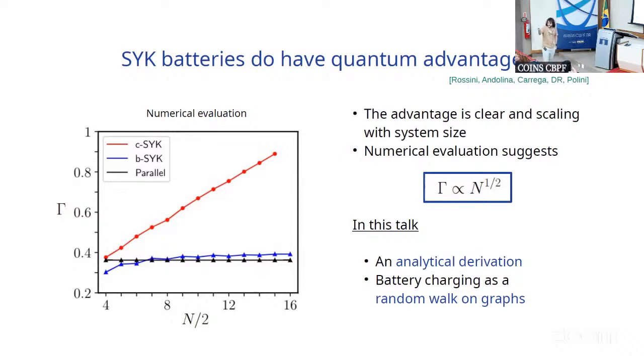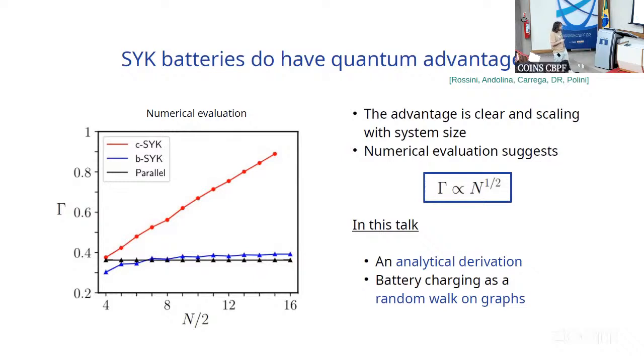So if the referee is here, listen. Today we will provide an analytical derivation and something that I like. We will see that the battery charging can be thought as a random walk process on a graph. So we will establish this connection between random walks on graphs and the battery charging.